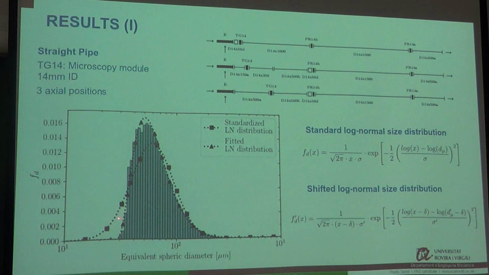It's not very logarithmic, one could say. But if you apply a shifted log normal, applying this parameter delta here, we get this triangle one, and it fits quite well. Also, something very important is that with this algorithm and this processing, we cut this cascade here.